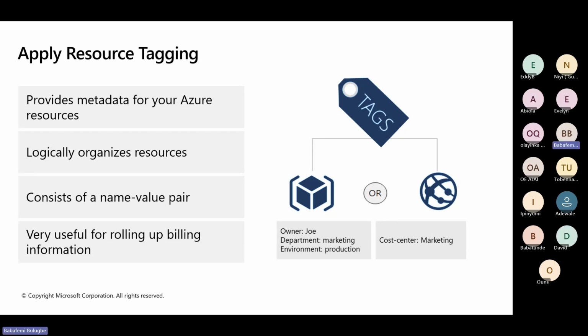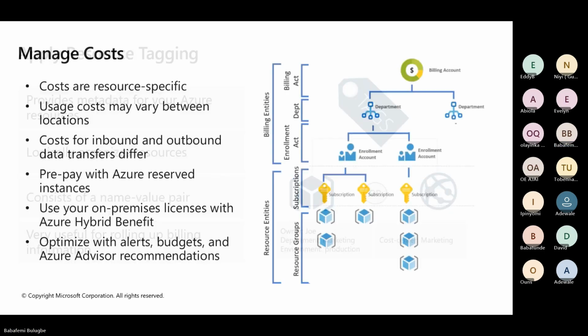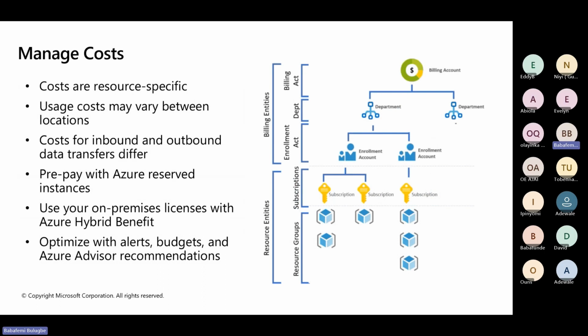You just want to logically organize your resources based on the organization policy. It might be based on environment, department, or even users. That's just one of the ways to manage cost, and there are other ways.